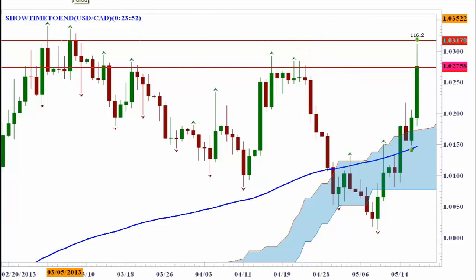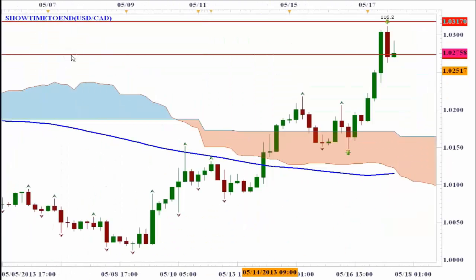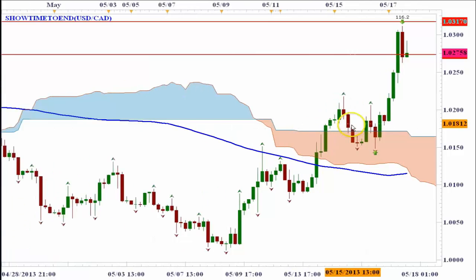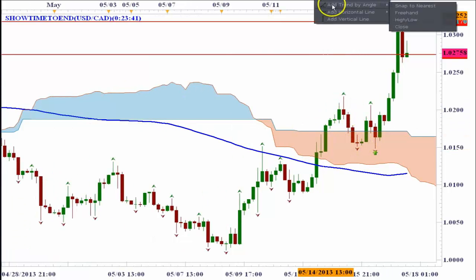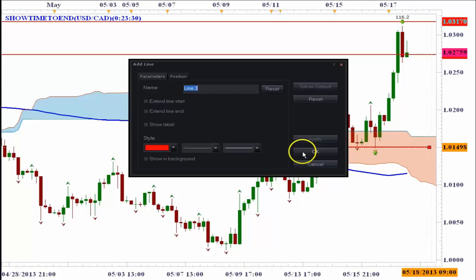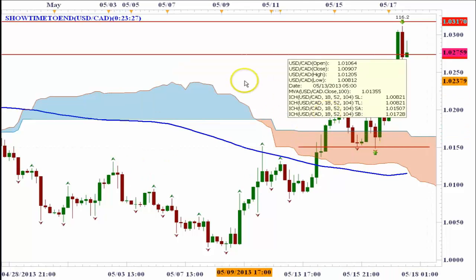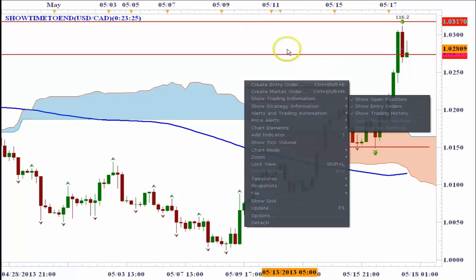Now the way I do it is, I have my stop loss set. So let's make our stop loss and show that. So if this is my stop loss, once price moves up a little bit, I want to be able to break even, right?